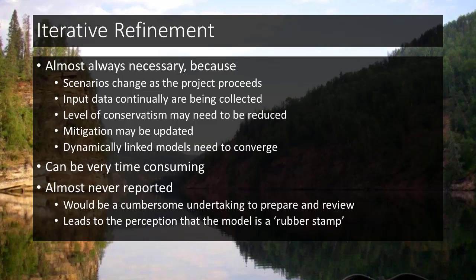Another one, which is a little more technical, is having dynamically linked models. So a good example of this might be an ice model. So usually there's very specialized teams doing each model. Somebody does a surface water regime model, and it predicts the flows in the Peace River. Then somebody who is an ice specialist will do an ice model to try and understand how the ice jams work.